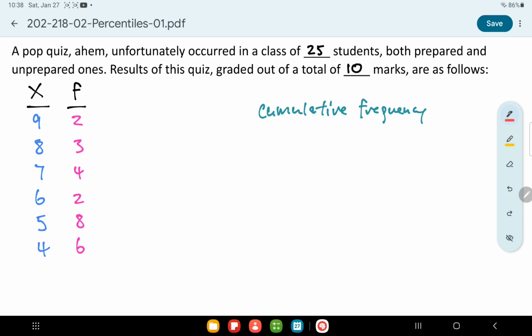The second is cumulative percentage. By cumulative frequency, we use CF to indicate, and for cumulative percentage, we use C percentage.